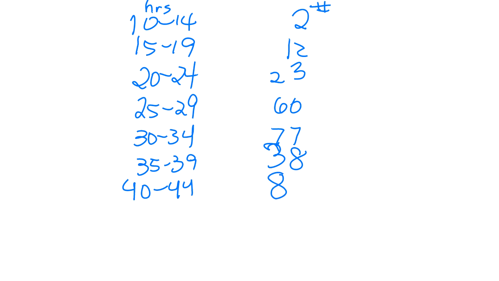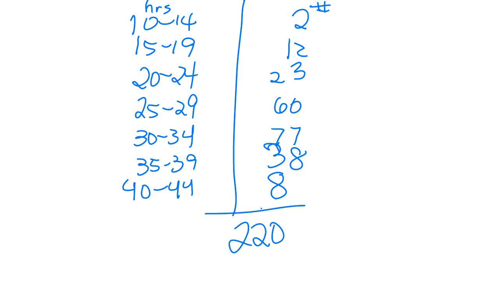It's a little messy, but I can't write on this tablet. This is the number of hours per week spent watching TV. There are 220 students total, and this is the number of hours watching TV per week.